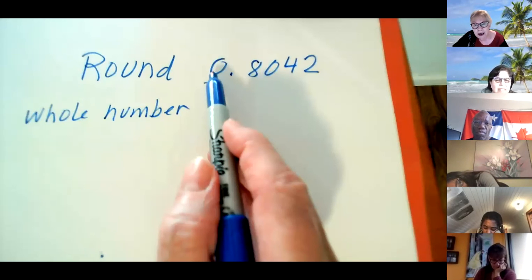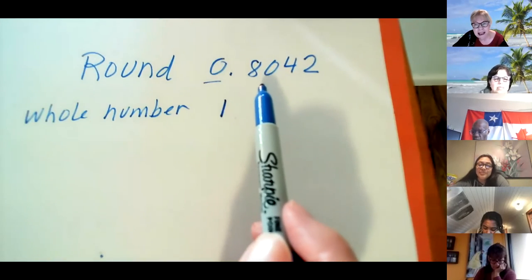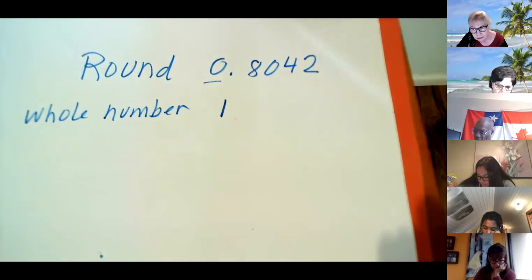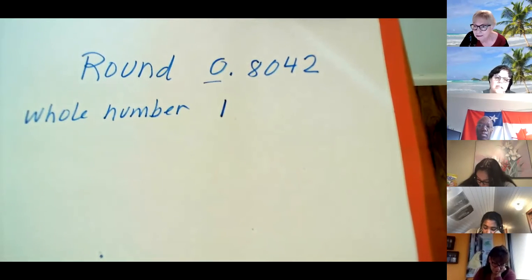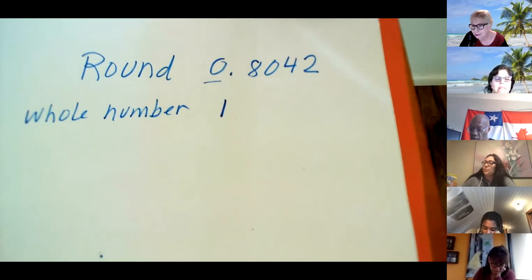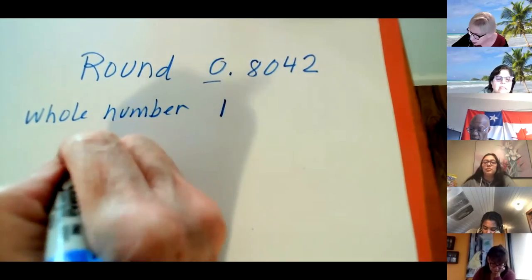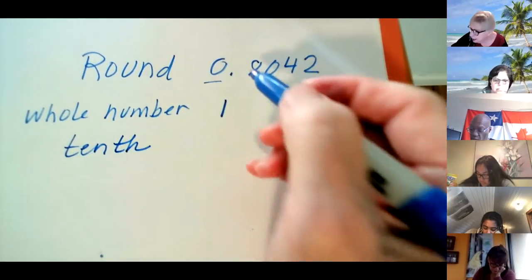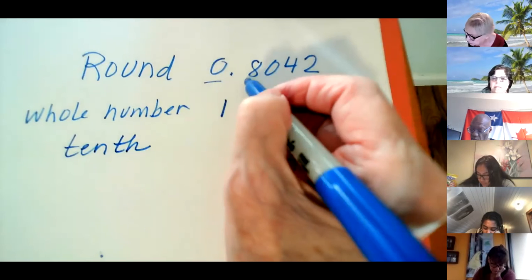But think of this as money. I like money, okay? This is 80 cents. Round it to the nearest dollar. $1, right? Yes. Let's do the next one. Round to the nearest tenth. Now the tenth place is this one.